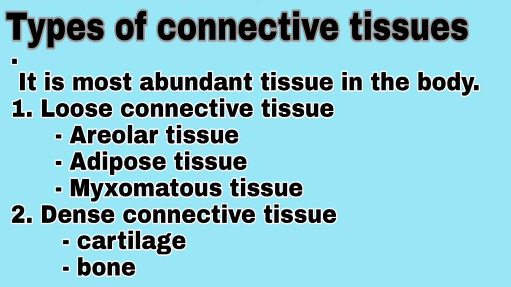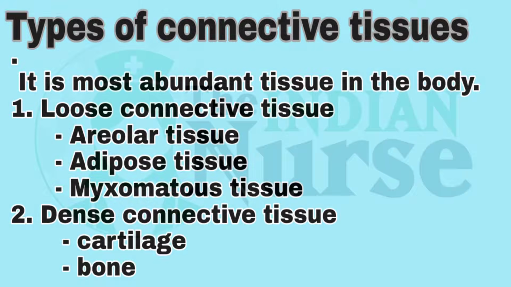First one, areolar tissue. Second one, adipose tissue. And third one, myxomatous tissue. Next, the second type is dense connective tissue. This is again classified into 2 types. First one is cartilage. Second one is bone. So these were the types of connective tissues.